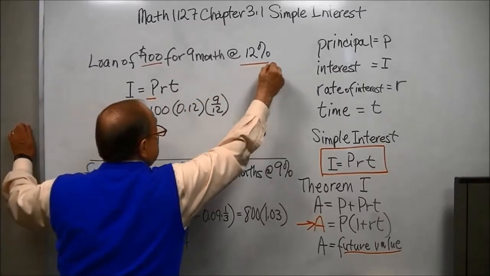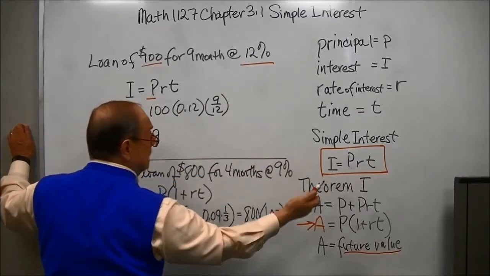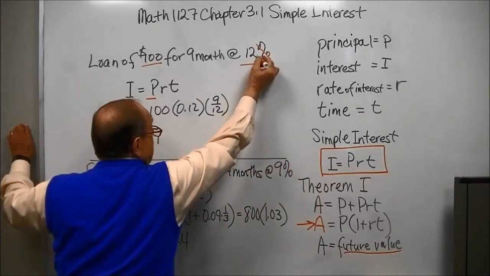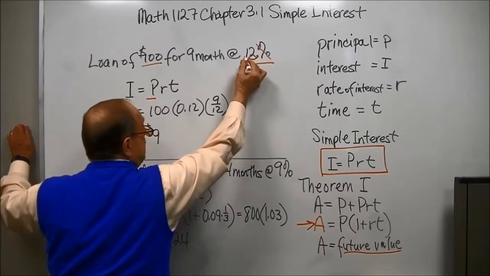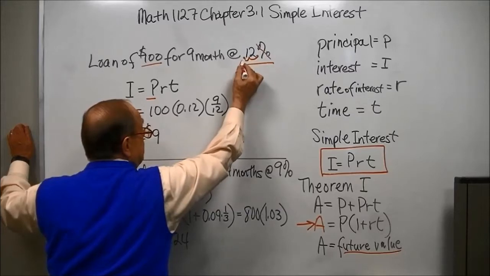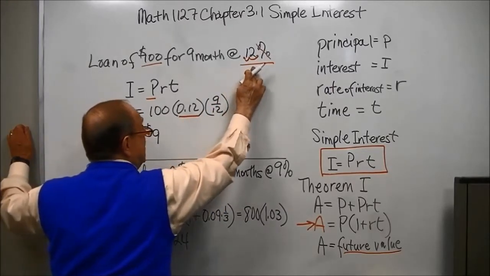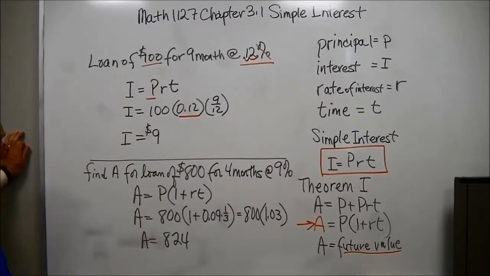Now, what we have to do is convert percent to decimal. We do that by taking away the percent sign, our decimal's there, and moving it 2 to the left. Usually we stick a 0 in there. So 12% becomes 0.12.